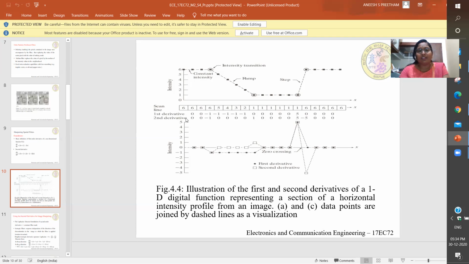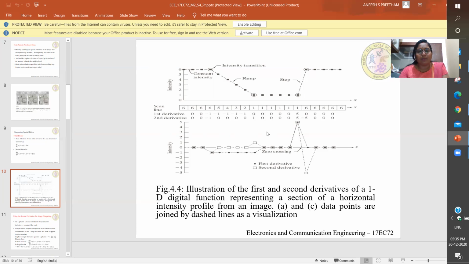So this is what the first derivative values are: 0, 0, minus 1. Here you can see the first derivative values, which are represented using the black dots: 0, 0, then minus 1, minus 1, minus 1, minus 1, minus 1, right?